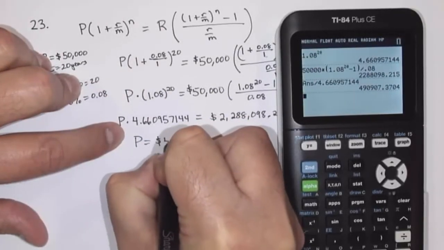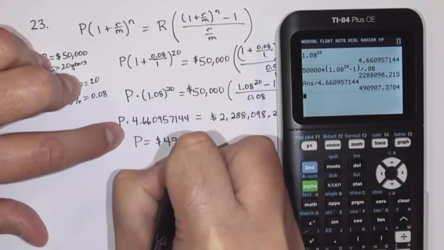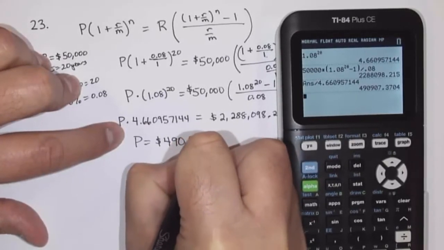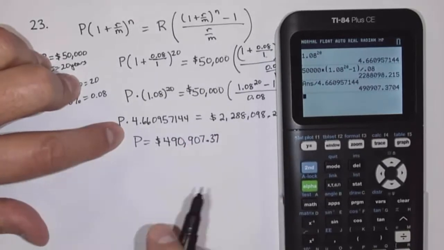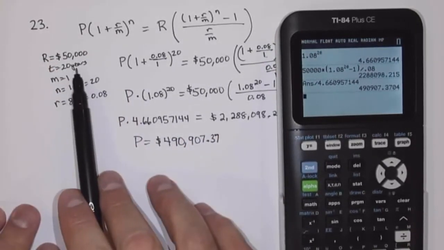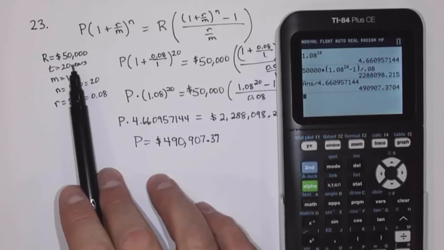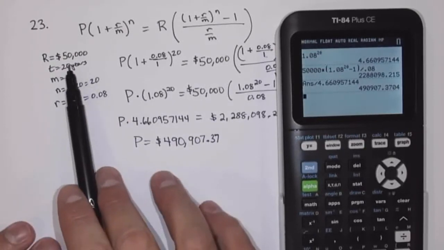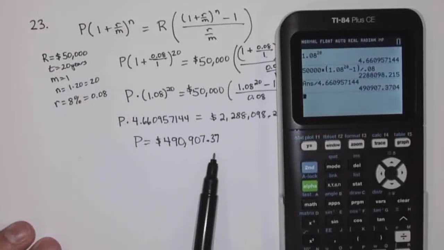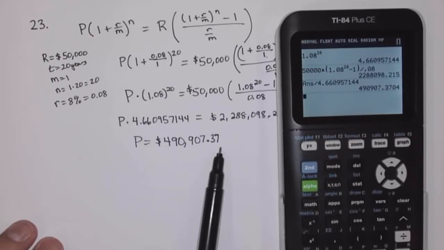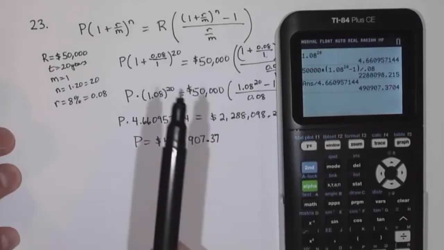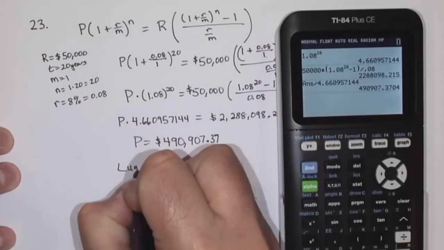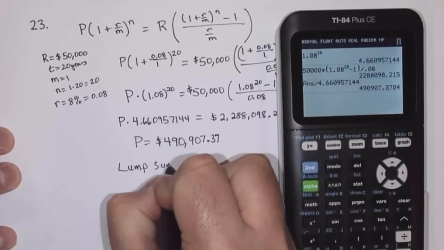So now I'm going to round. 490,907.37. So the present value of this annuity of getting $50,000 a year for 20 years is only $490,907.37. That is less than the lump sum of $500,000. So that means the lump sum is better.